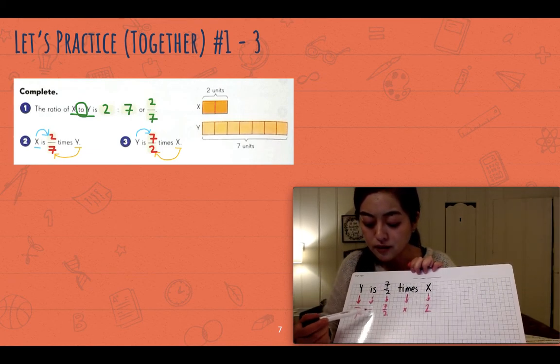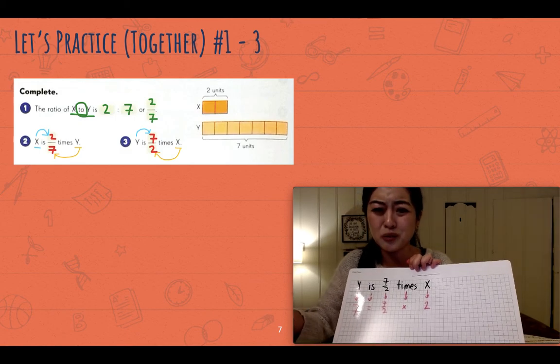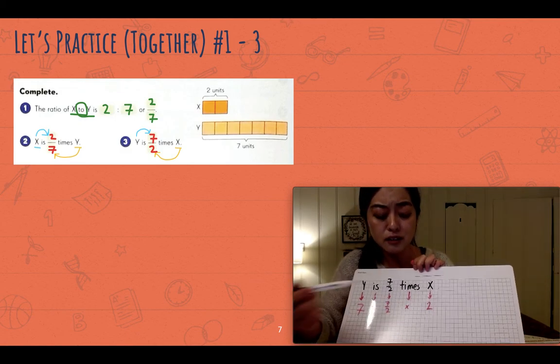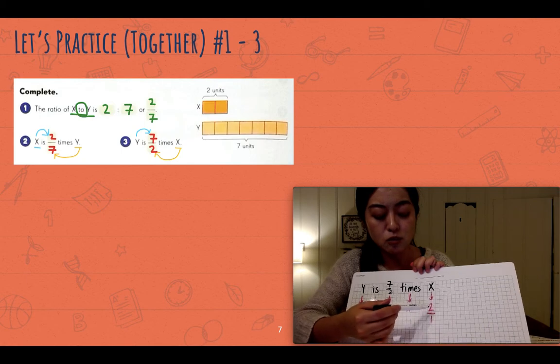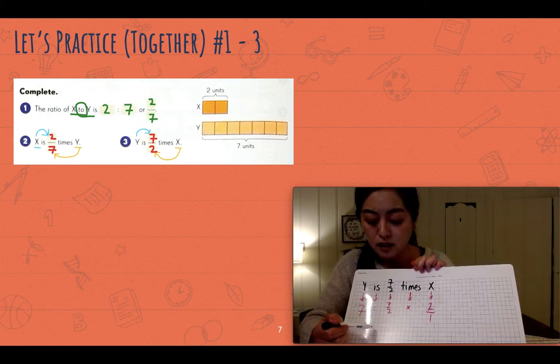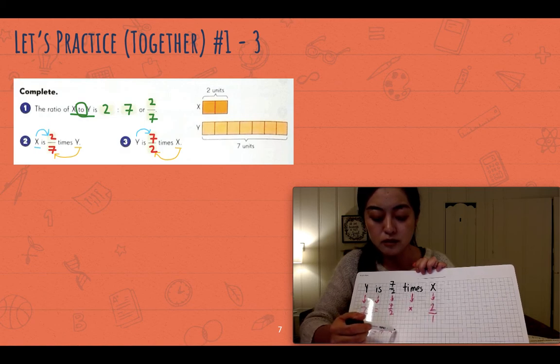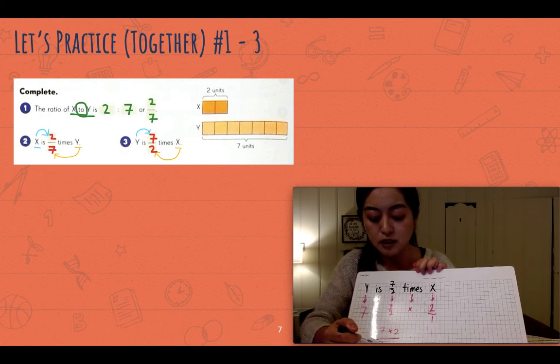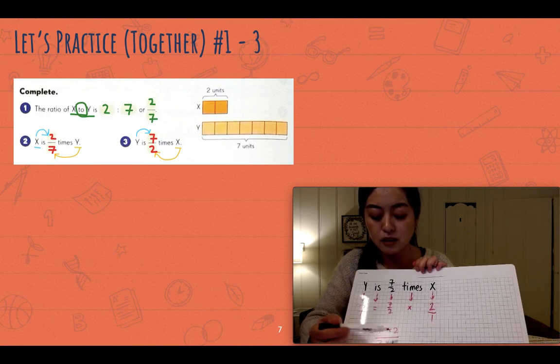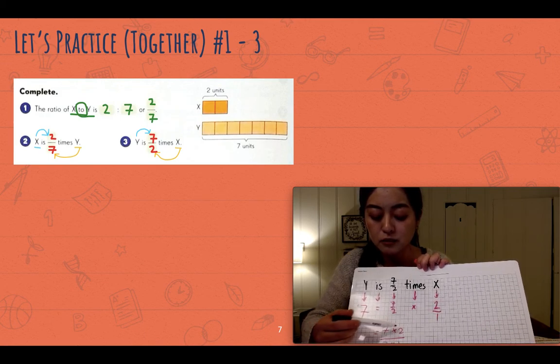So 7 equals 7 halves times 2, and it does, because I'm going to change this whole number into a fraction, then multiply my numerators together and my denominators together, and do the cross-out method. These factors cancel out.